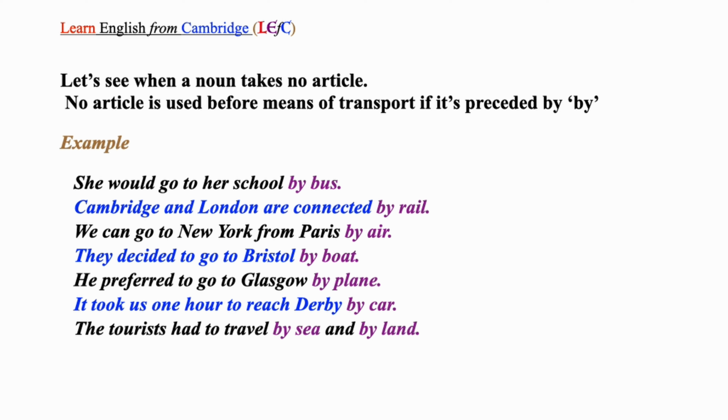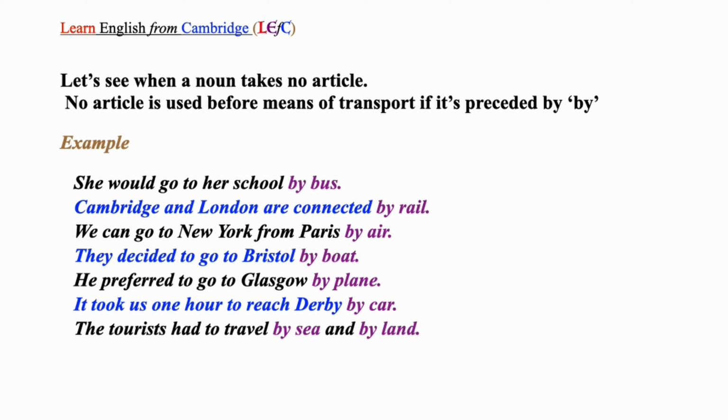They decided to go to Bristol by boat. He preferred to go to Glasgow by plane. It took us 1 hour to reach Derby by car. The tourists had to travel by sea or by land.